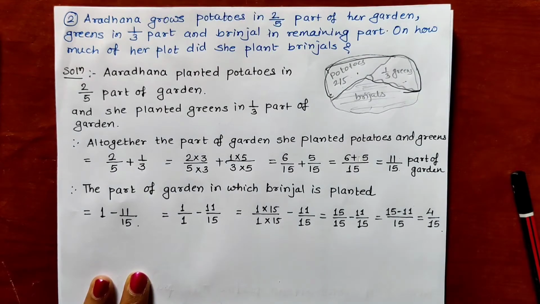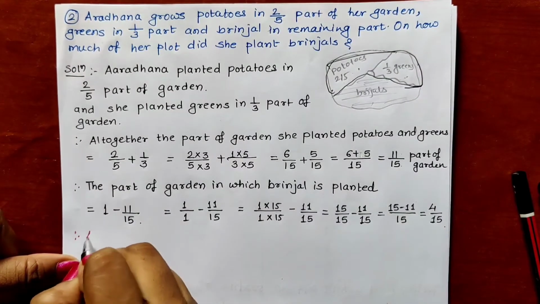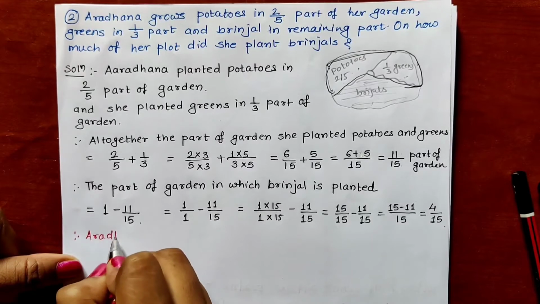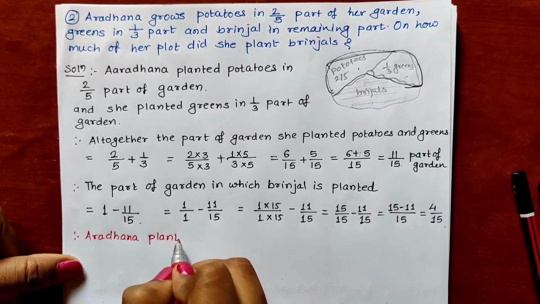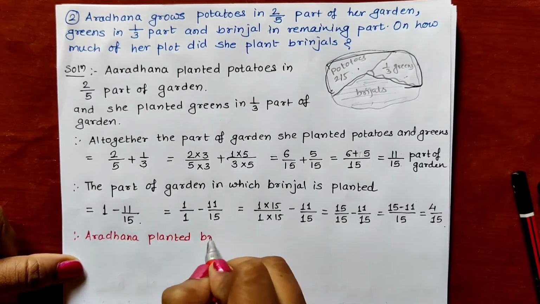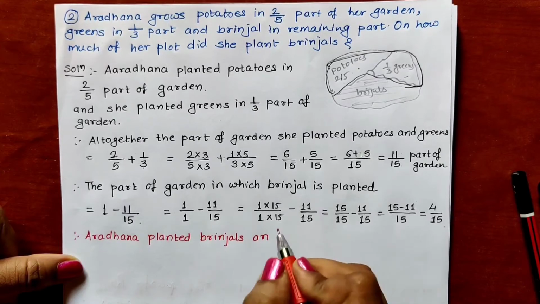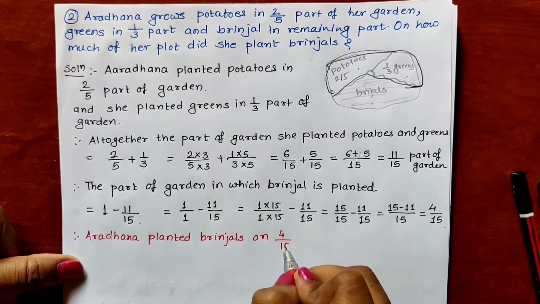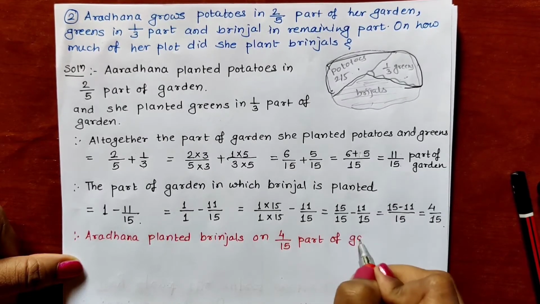So let us write the answer in a sentence. Answer statement: Therefore, Aradhana planted brinjals on 4 upon 15 part of the garden.